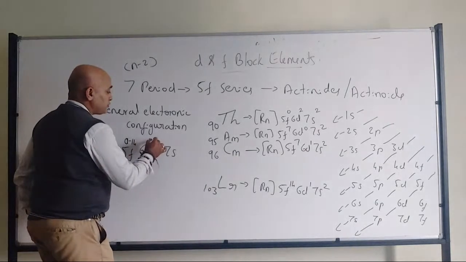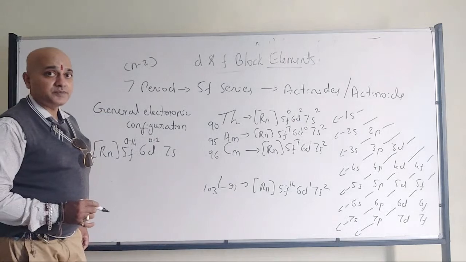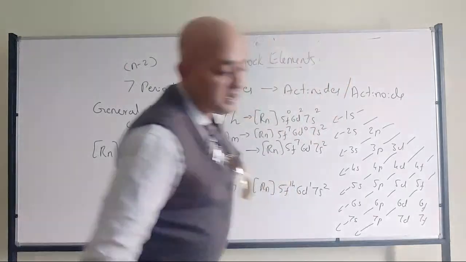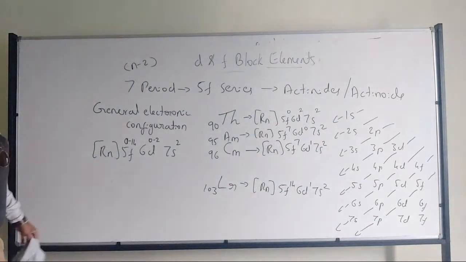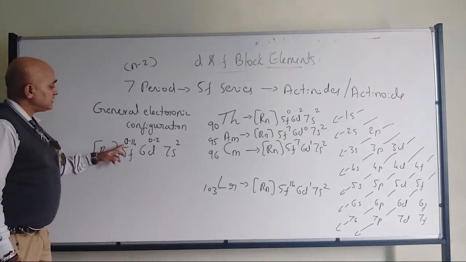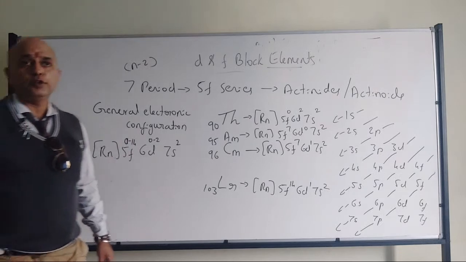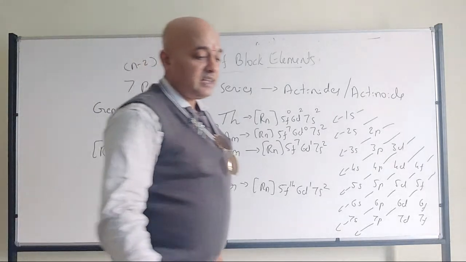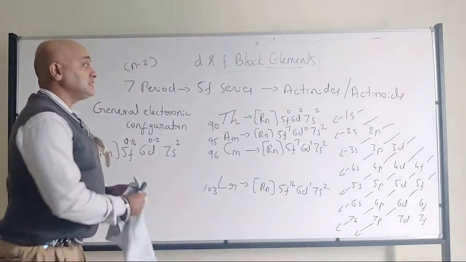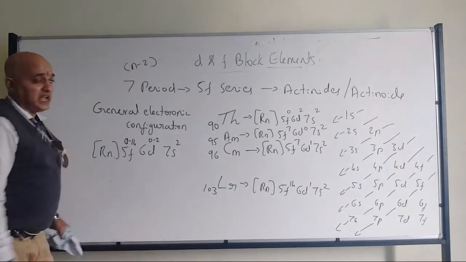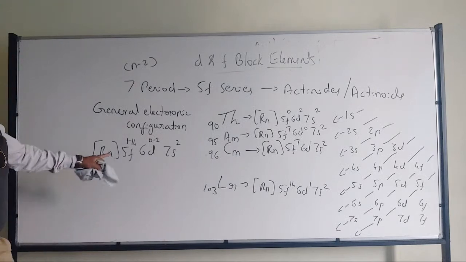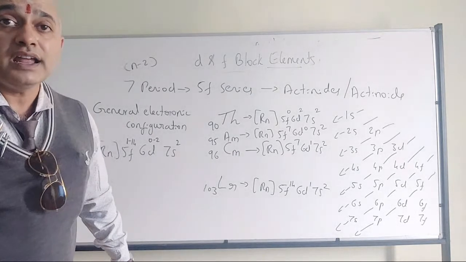What about 7s? It will be 2. But since thorium in the ground state doesn't have 5f electrons, normally they write 1 to 14 also. No problem, you can write it as 1 to 14. This is the general electronic configuration for actinoids.